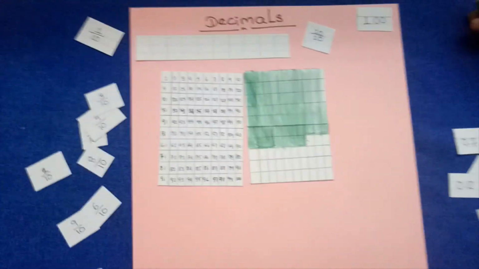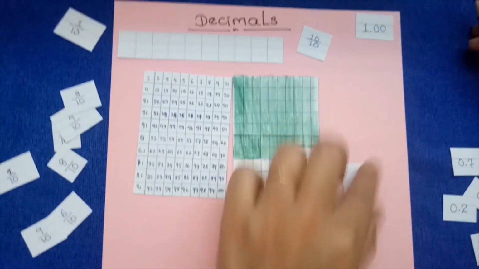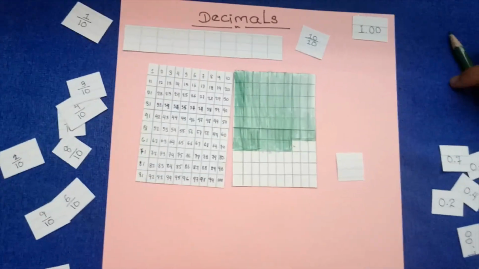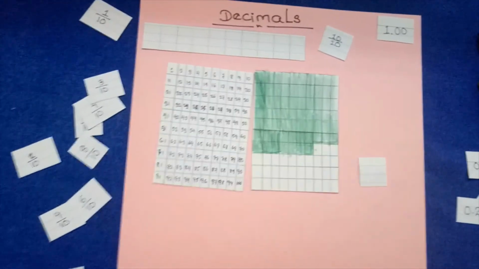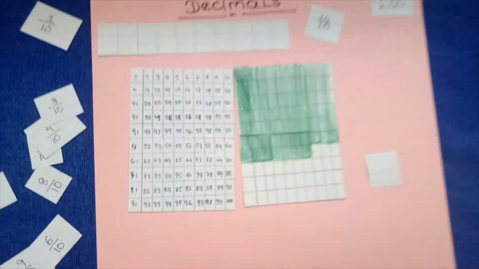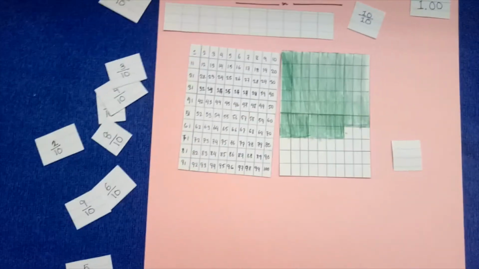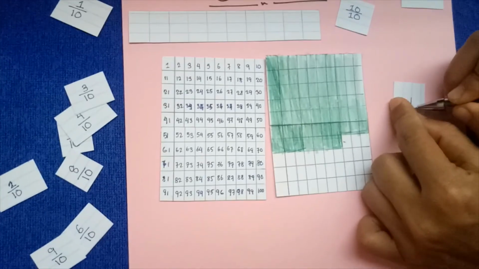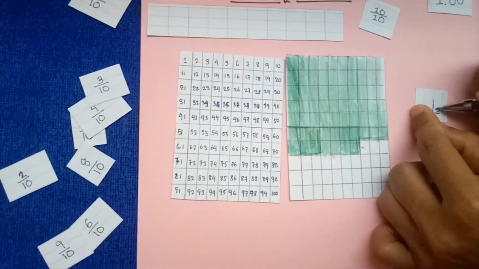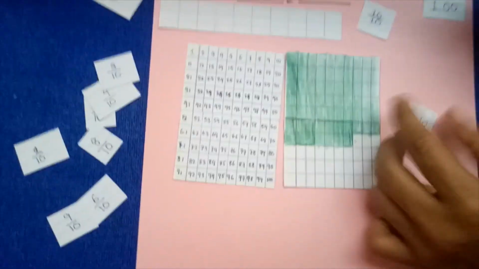Yay! Okay, now I will give you the paper. You have to write down. A moment ago, how many did you have to color? Write it in fraction. 67 by 100.